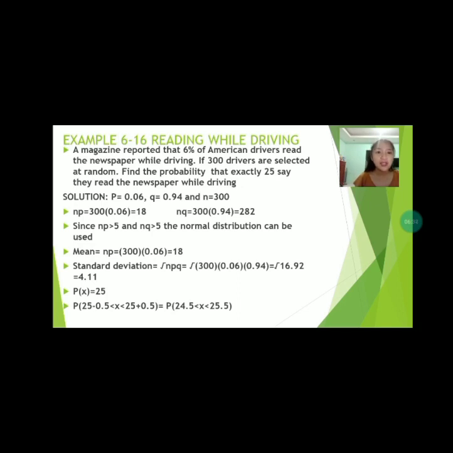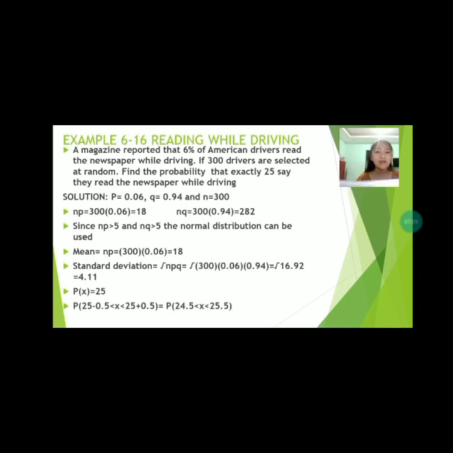So n times p equals 300 times 0.06, which gives 18. And n times q equals 300 times 0.94, which gives 282. Since n times p is greater than 5 and n times q is greater than 5, the normal distribution can be used.